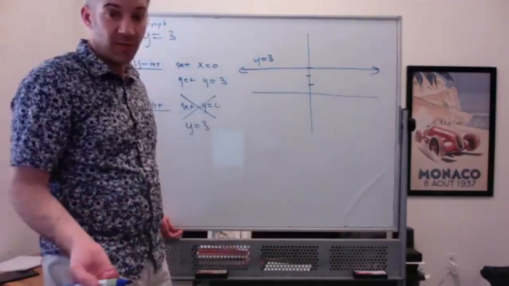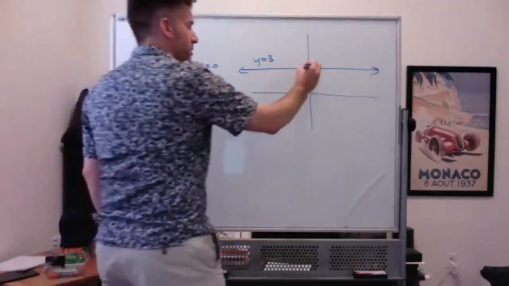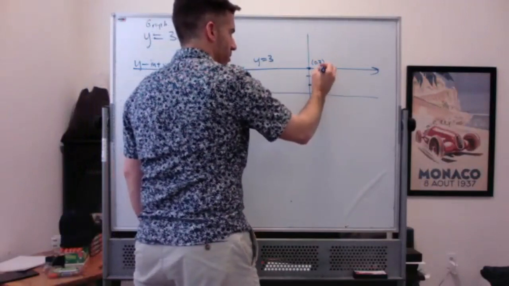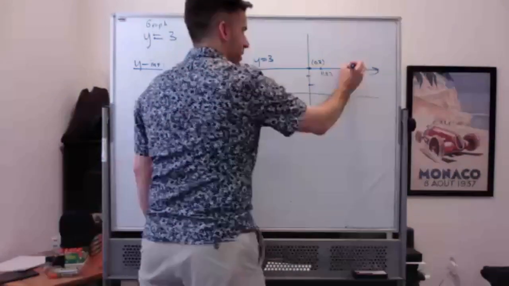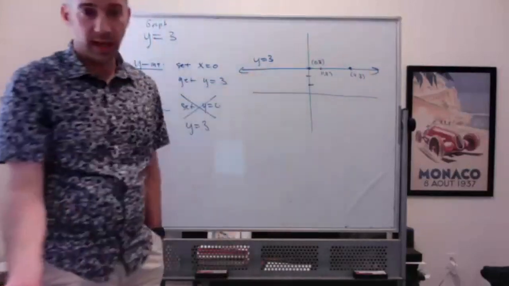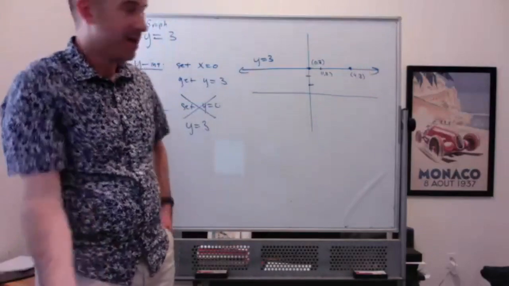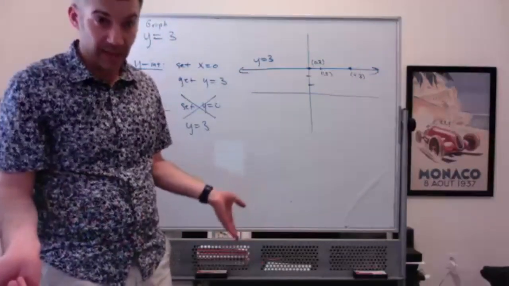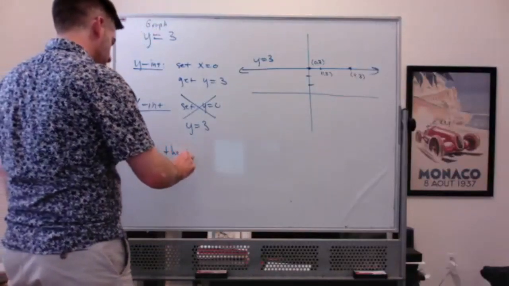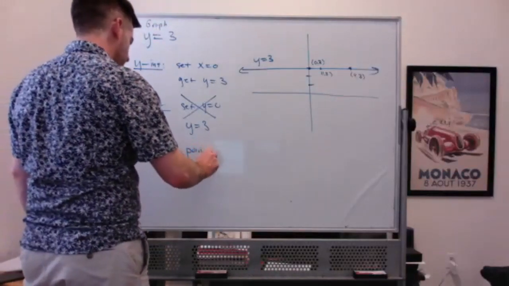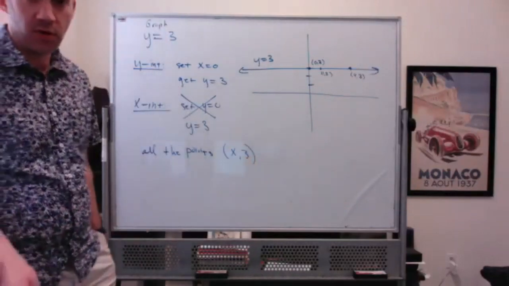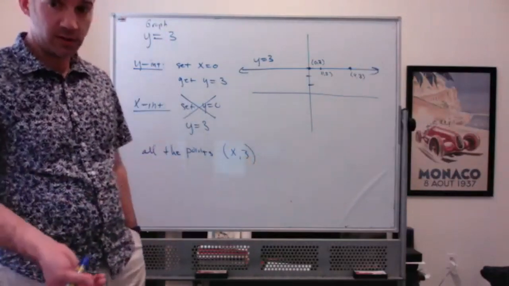There are an infinite number of such points, but some of the points are, say, (0, 3), (1, 3), and (4, 3). But really, you can pick any point as long as the y coordinate is 3, and the x coordinate can be anything. So it's all the points that look like (x, 3), where x can be any number you want it to be, as long as the y coordinate is 3.